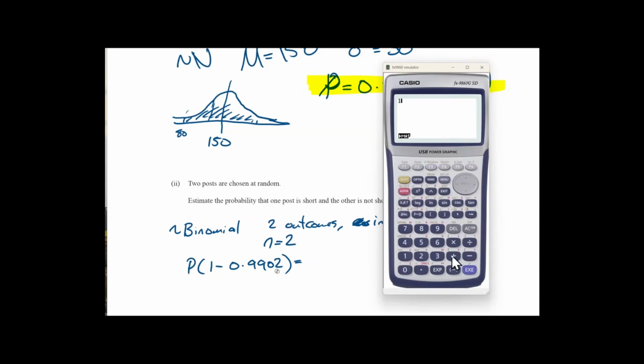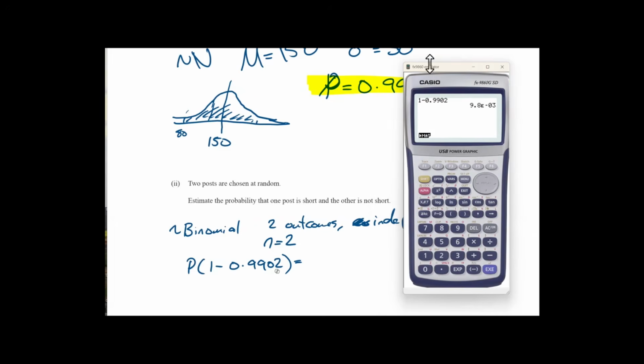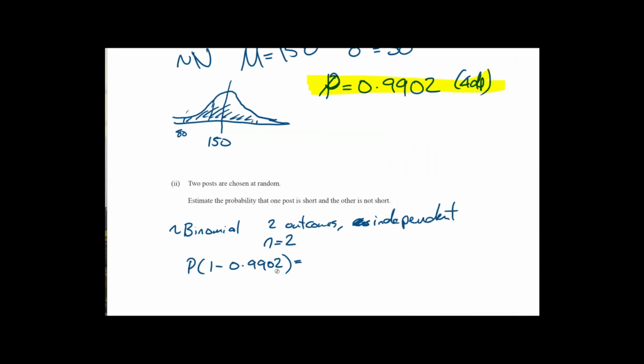So 1 minus 0.9902 is a really, really tiny number. So let's write that out. It doesn't matter because one is long and one is short, or one is normal, one is short. It's going to be the same.